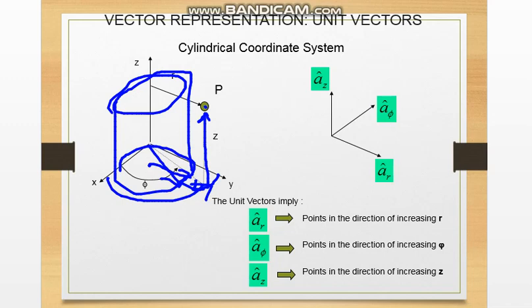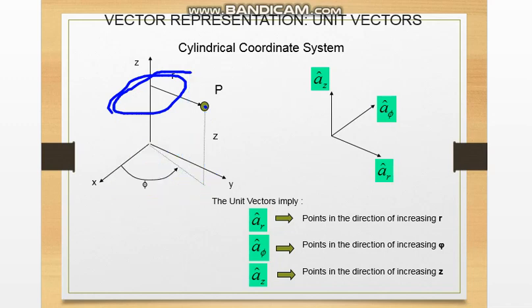So the direction of increasing r is the a r unit vector, then the a phi unit vector, and a z. So r, phi, z, or some books call it rho, phi, z, that has been pointed out as rho. So that's the cylindrical coordinate system, where the three orthogonal directions are there.